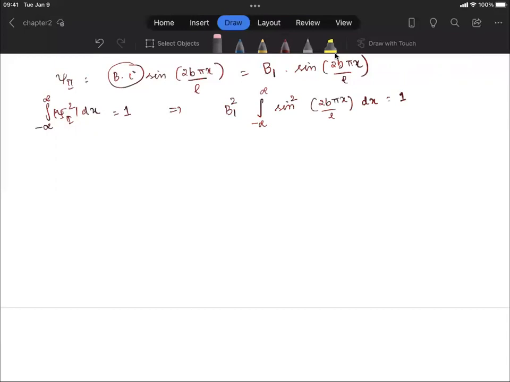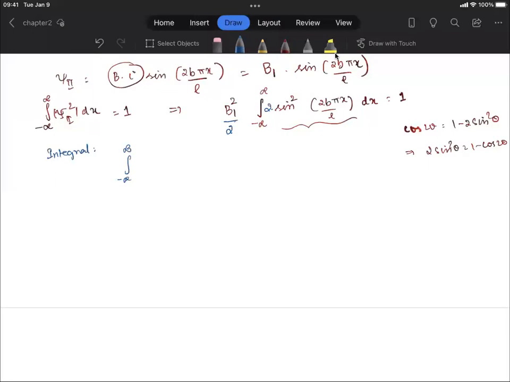Now I'm going to focus here on evaluating this integral. So cos 2 theta is 1 minus 2 sine squared theta. So 2 sine squared theta is going to be 1 minus cos 2 theta. So the integral itself can be written from negative infinity to infinity. I'm going to divide this by 2 and multiply this by 2.